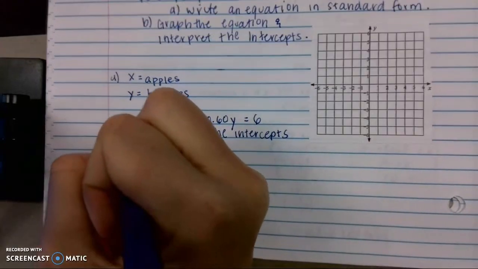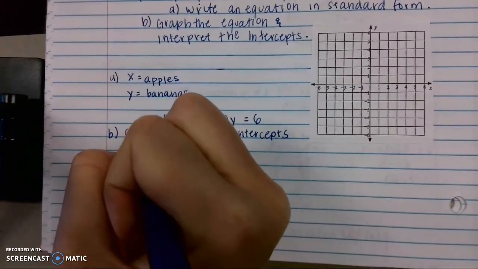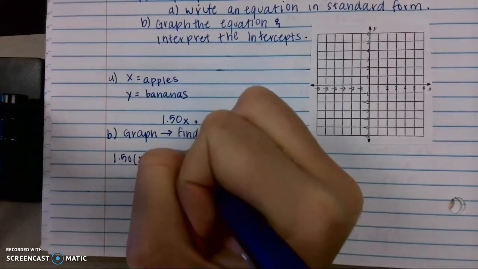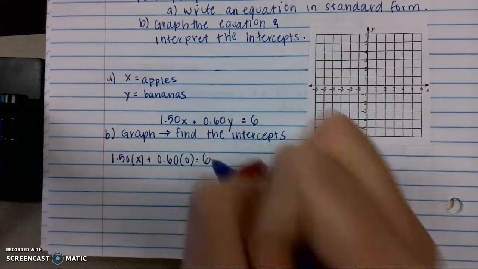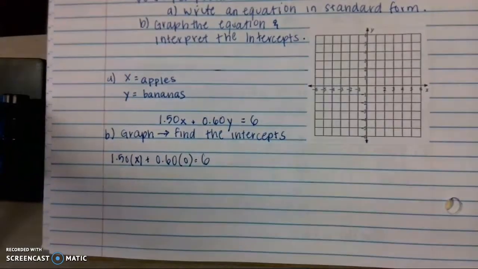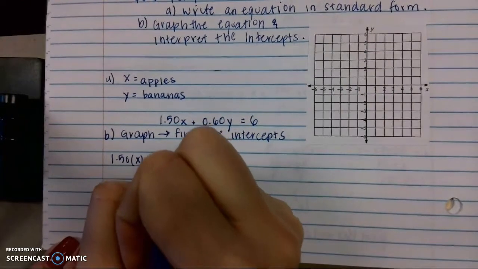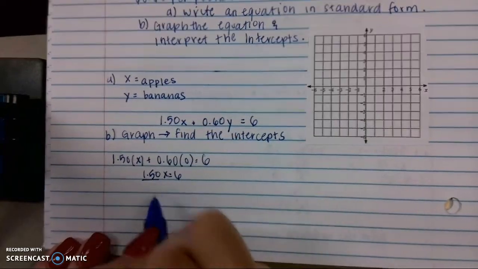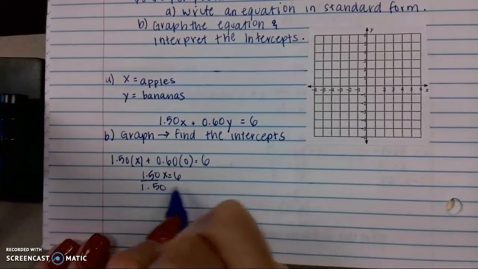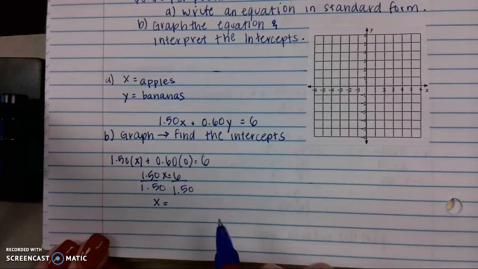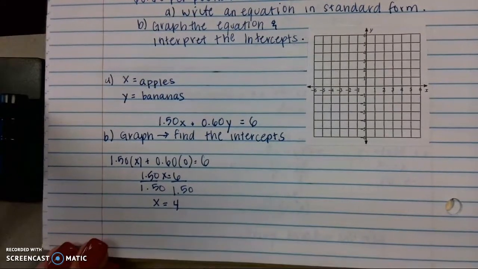The first one is I'm going to have 1.5 times x plus 60 cents times 0 is equal to $6. So I have 1.5x equals 6. I'm going to divide both sides by 1.5. 6 divided by 1.5 is 4.